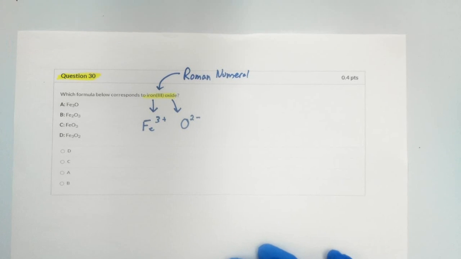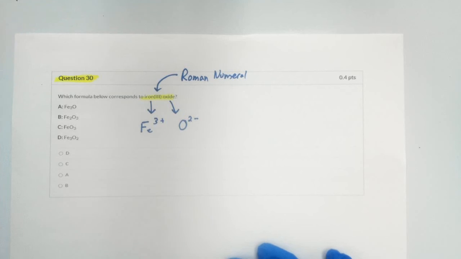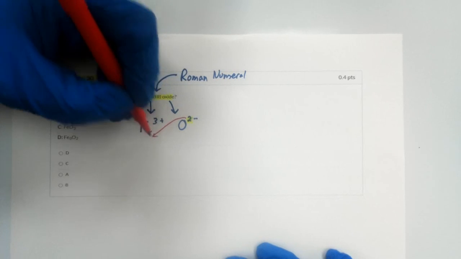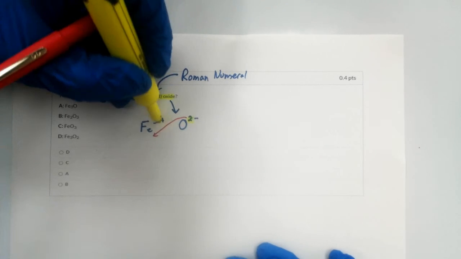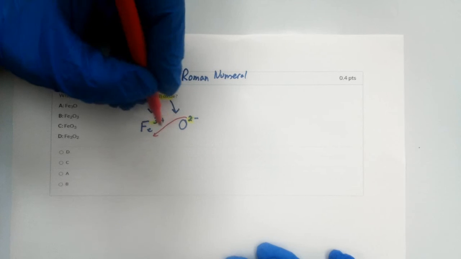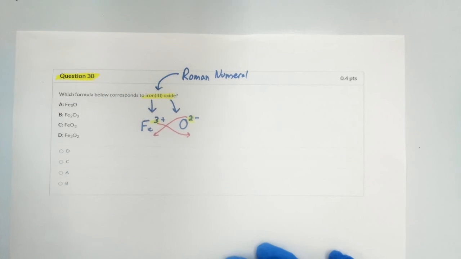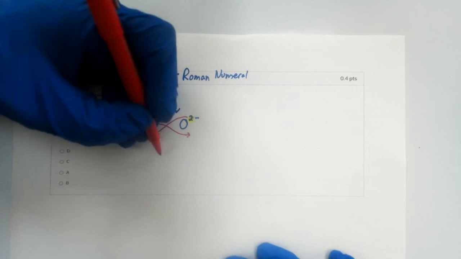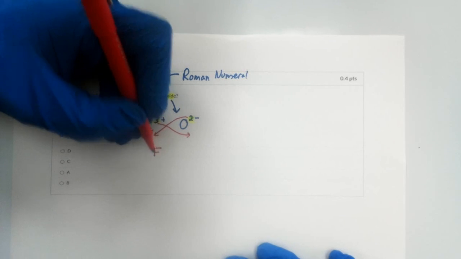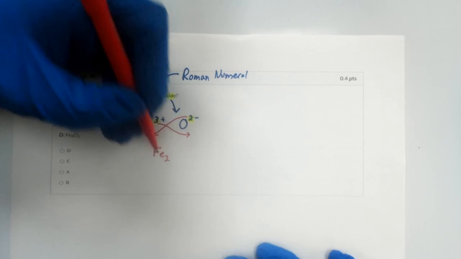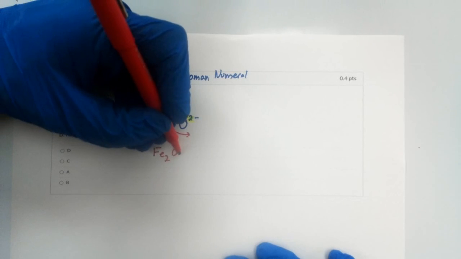Now let's do that little trick I showed you a few seconds ago. I'm going to highlight this 2, and I know I'm going to put it down there. I'm going to highlight this 3, and similarly, I'm going to put it right there. What does that mean? It means that you need 2 irons and how many oxygens? 3.